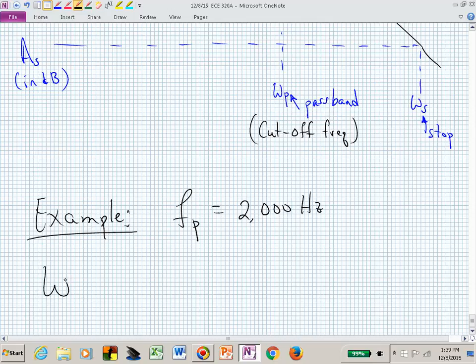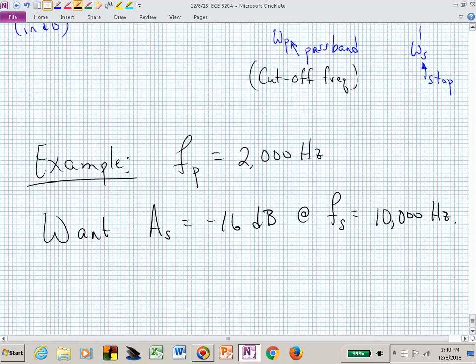And they want an attenuation, A sub S, of minus 16 dB at a stop frequency of 10,000 hertz. Is that a decade beyond the passband? No. It would need to be 20,000, wouldn't it?